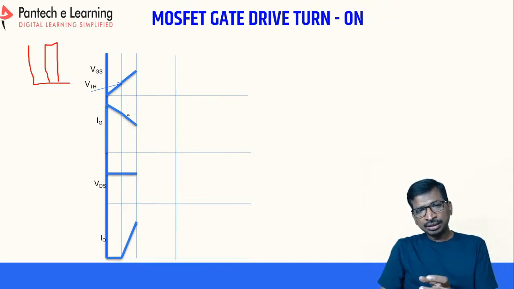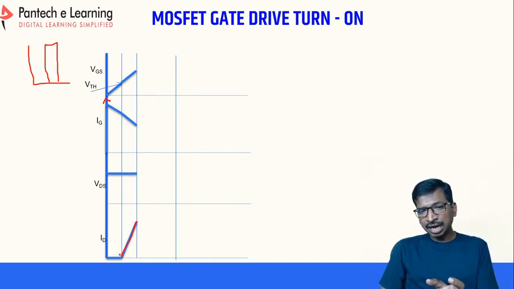After the threshold gate voltage, see here the drain current starts to increase from 0 to maximum. At this instant you have applied the voltage and the gate voltage has started, but the drain current has not started.